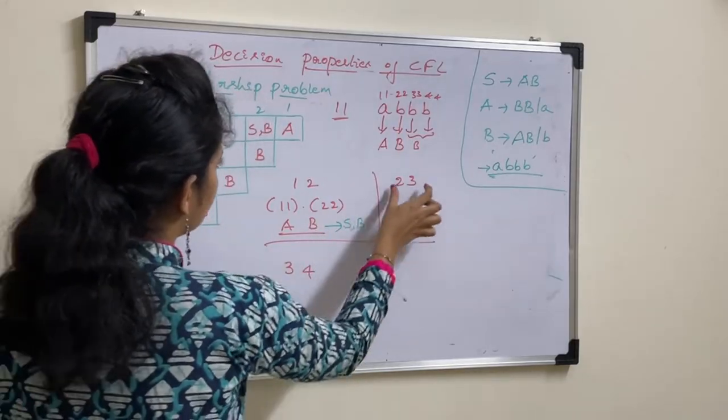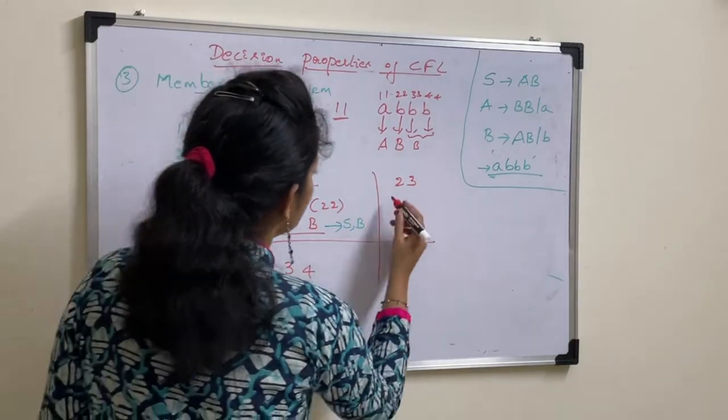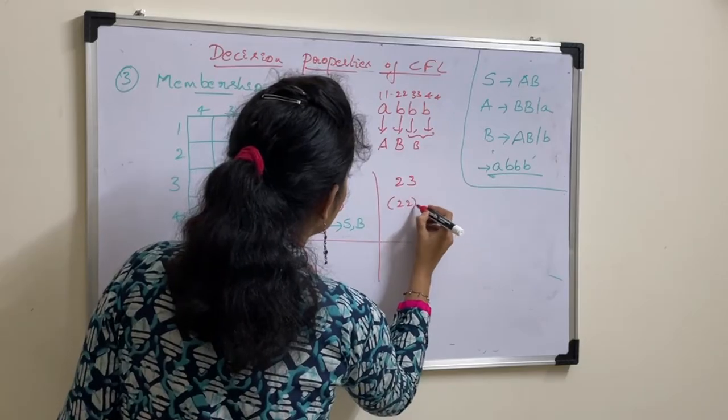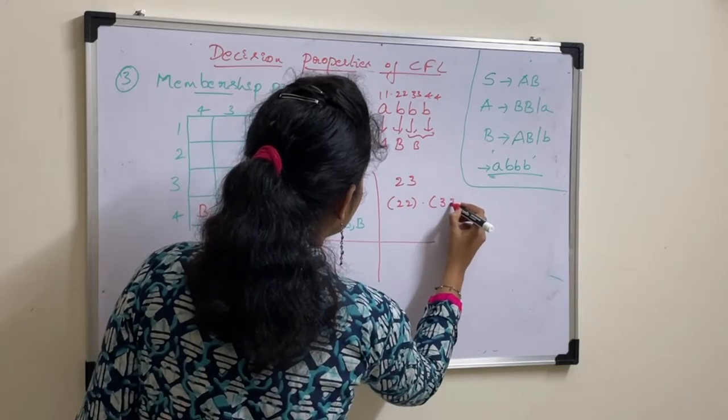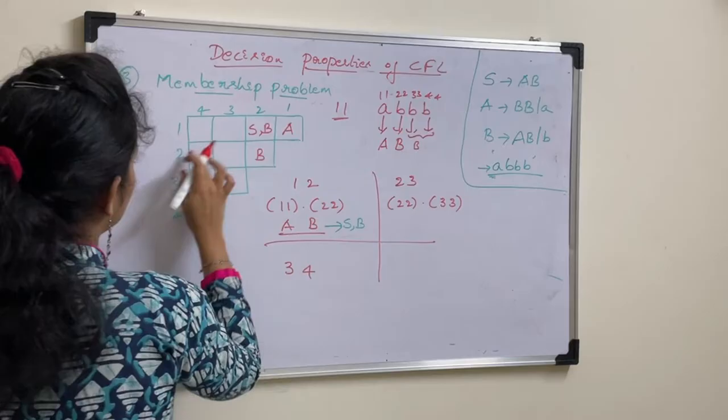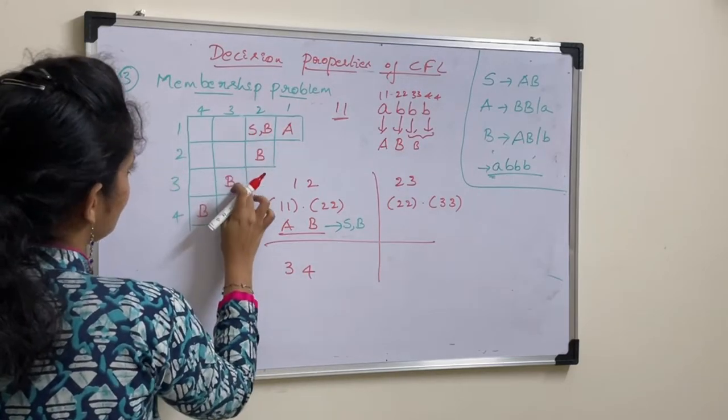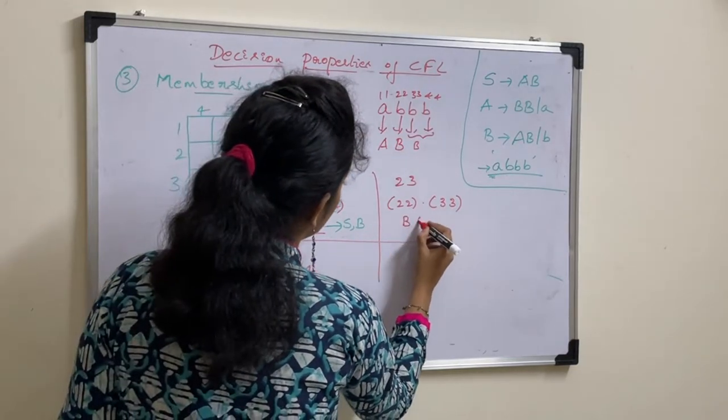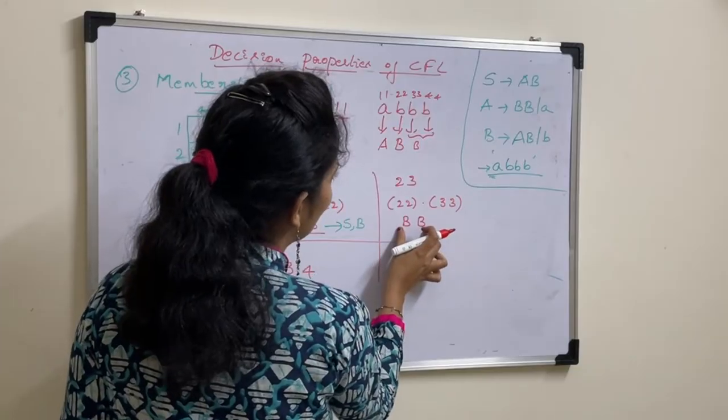Now take 2 3. 2 3 can be written as 2 2 dot 3 3. 2 2 means B, 3 3 is B. So check if we have BB.